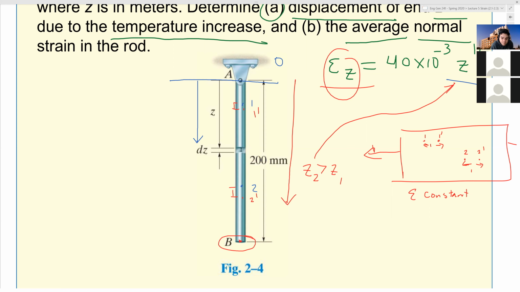So if 1 moves from 1 to 1 prime, B is going to move because 1 moved. If 2 moves, doesn't B move also, dependent on 2? So we have to somehow mathematically add up the total contribution of all the particles above it, because that's what's going to cause B to move down, to displace. I'll pause there and see if that makes sense.